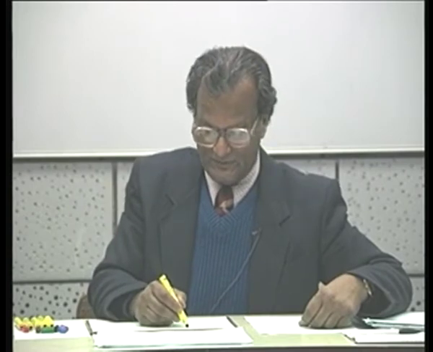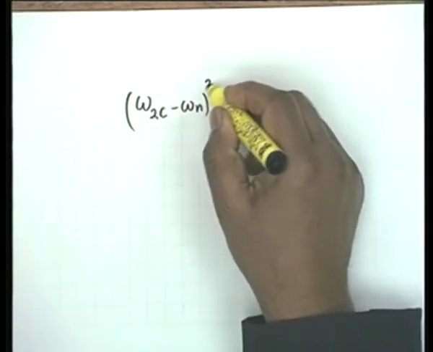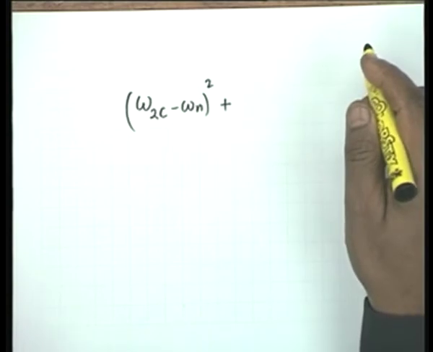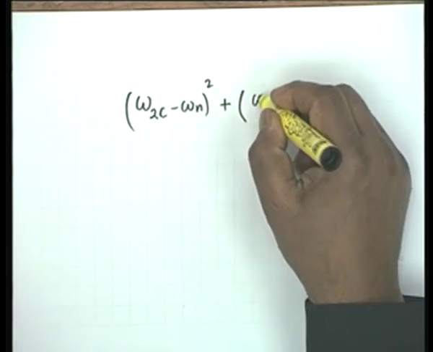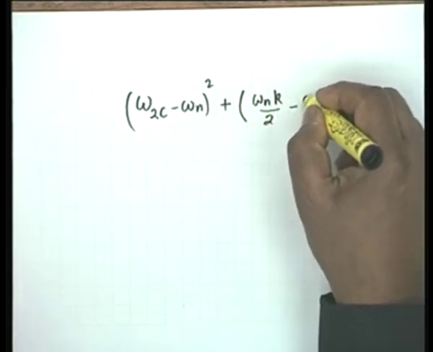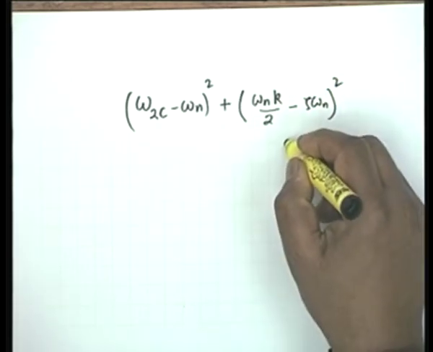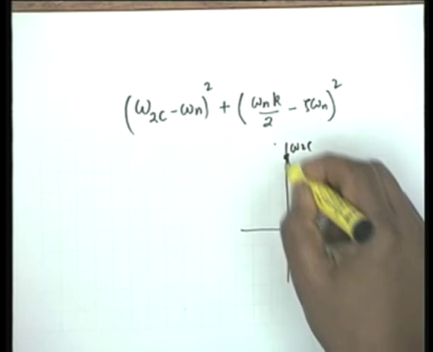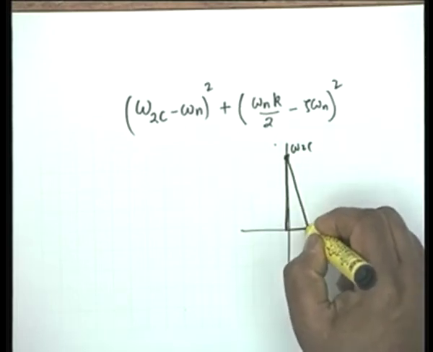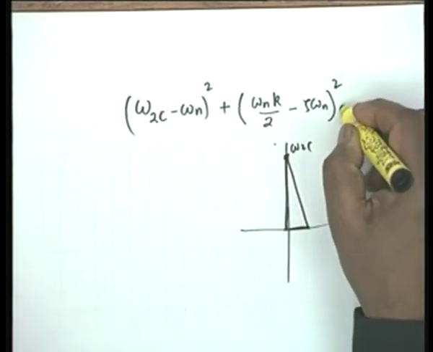Okay, finally, finding out the cutoff frequencies. (Omega 2c minus omega n) whole squared plus, if you recall that triangle, we have done this twice, plus (omega n k by 2 minus zeta omega n) whole squared, this triangle, if this is omega 2c, should be equal to what?